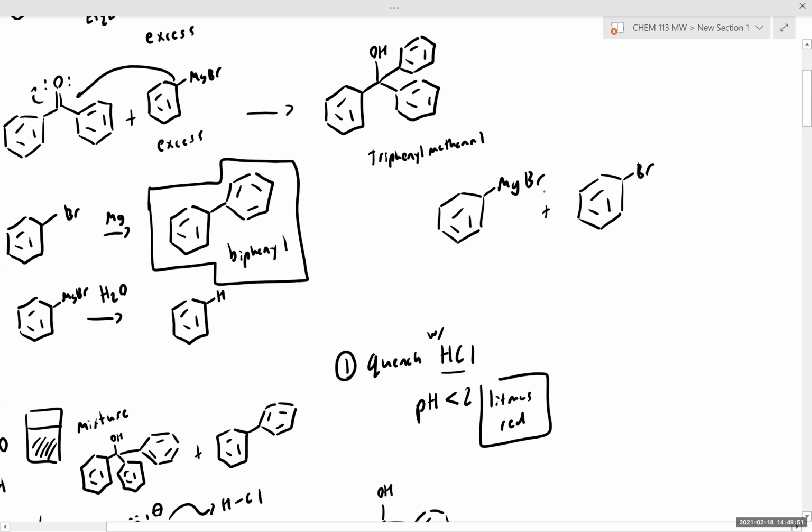Give me one moment to find a suitable mechanism, because it's often tricky to determine whether we're dealing with a radical mechanism or whether it's a formal cross coupling.